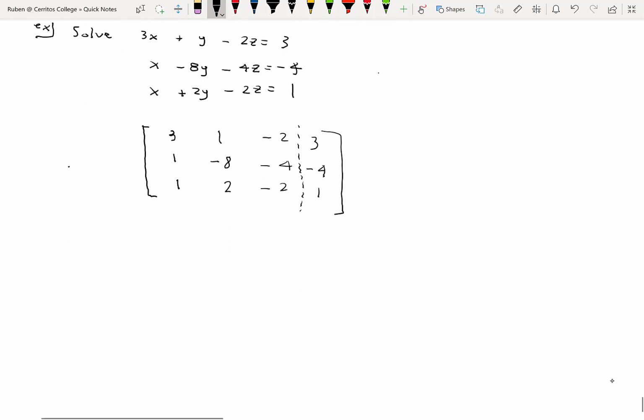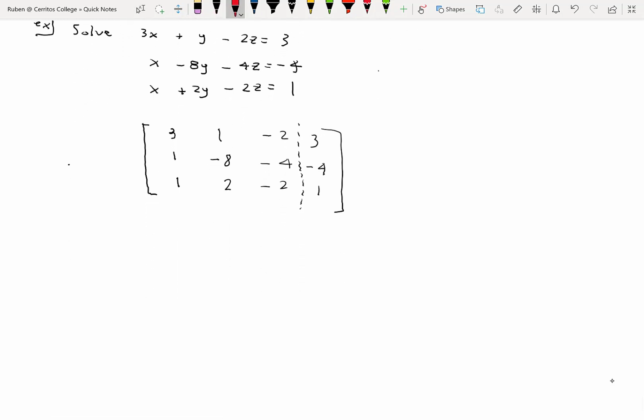The idea is to produce another matrix that looks like this. It looks like x equals something. So 1x equals something, 1y equals something, and 1z equals something.